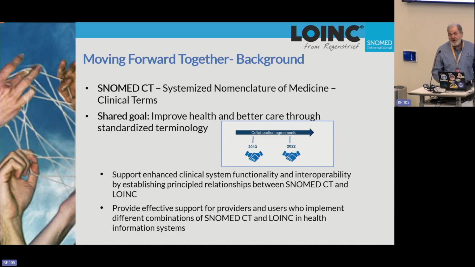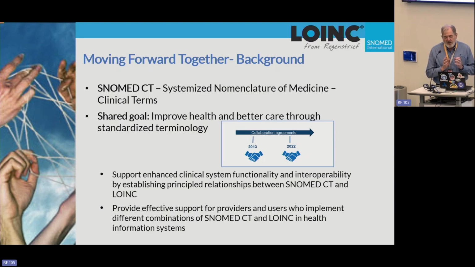But there's been a long relationship, not only between organizations, but by overlap of people in the SNOMED and LOINC activities. And there was a formal agreement that was created back in 2013 where there was a division of labor.